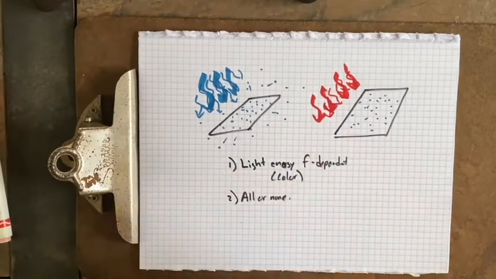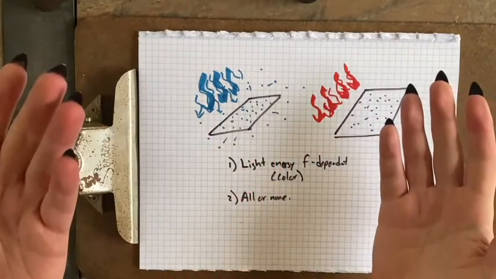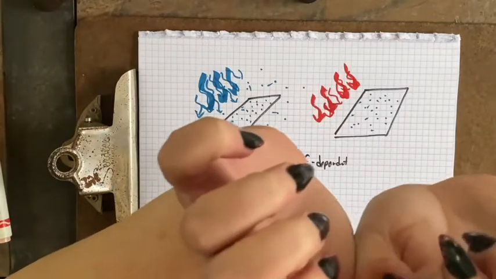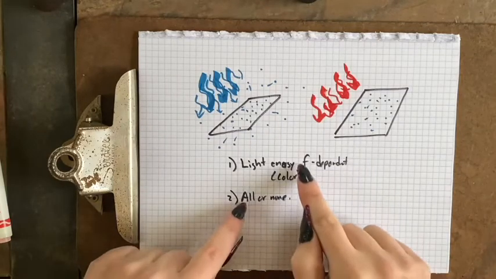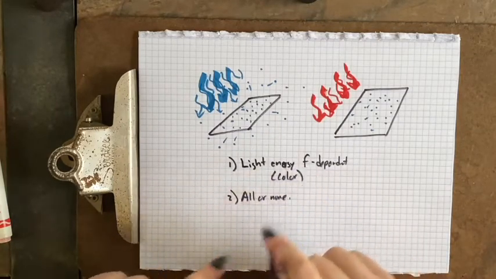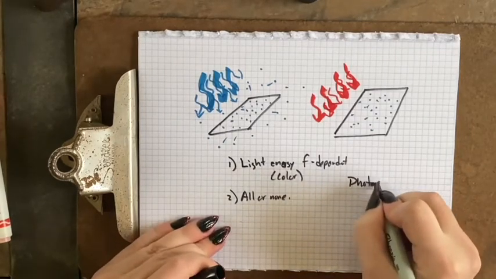I can't shine red light that's not energetic enough and just keep pumping it in there, right? And then save up until I can have enough to get out. It doesn't work like that. This isn't like pushing a rock up a hill, right? It either happens or it doesn't. So these two things together are really interesting. And this is the photoelectric effect.